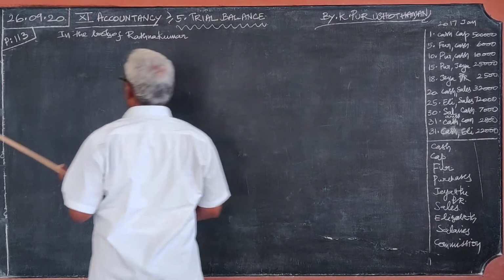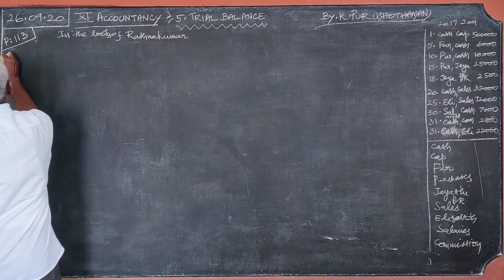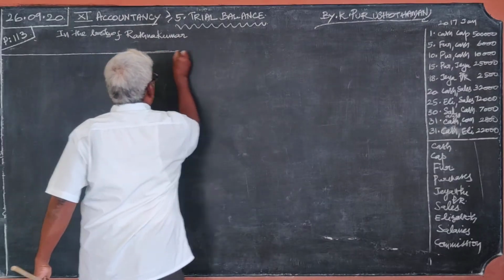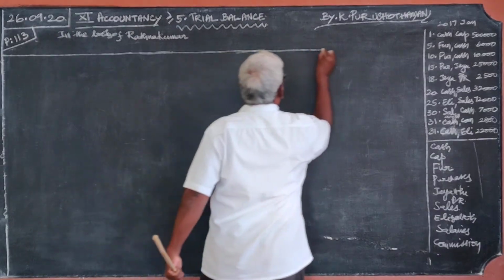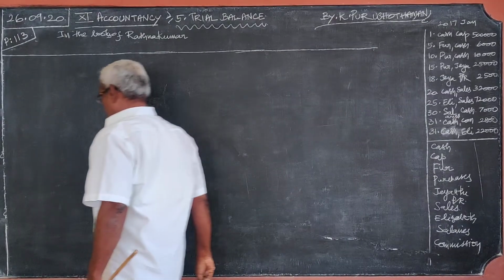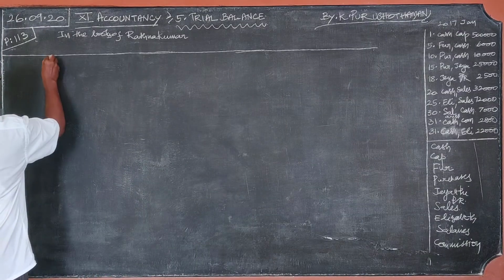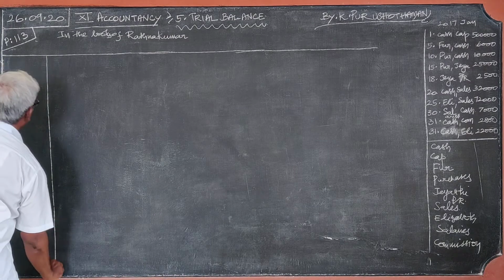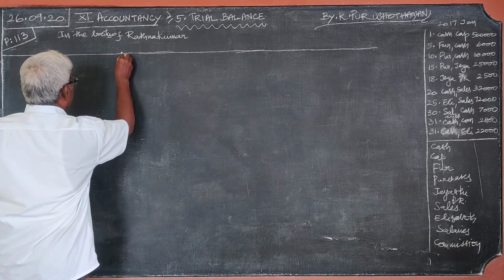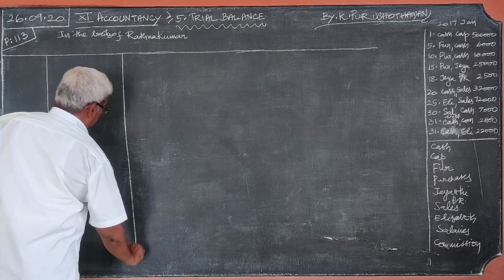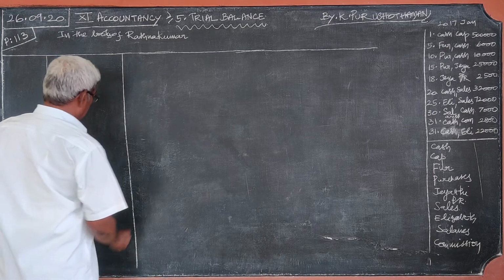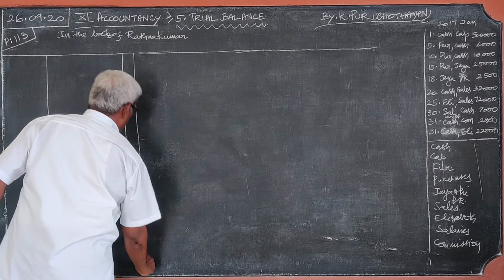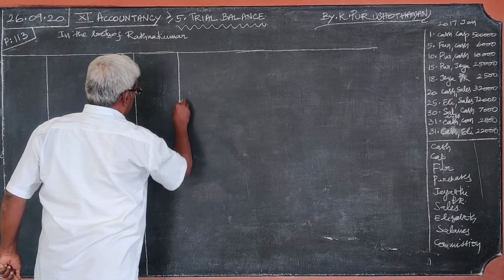Elizabeth account. Date, particulars, general folio, amount.